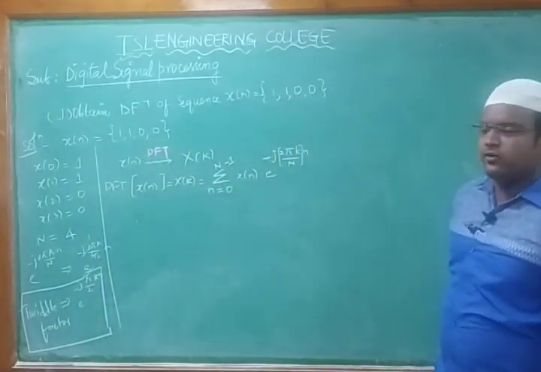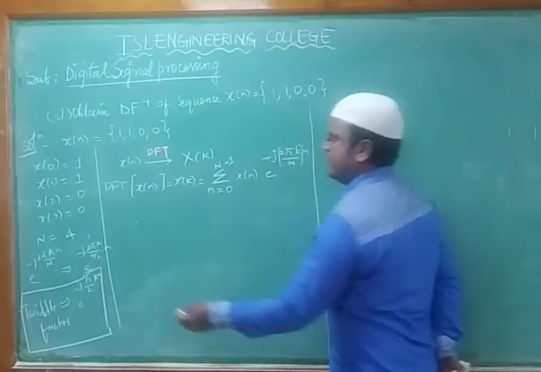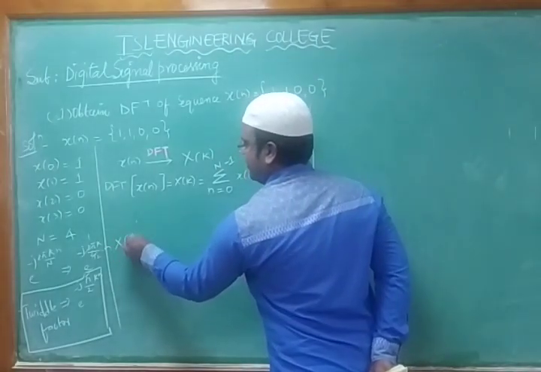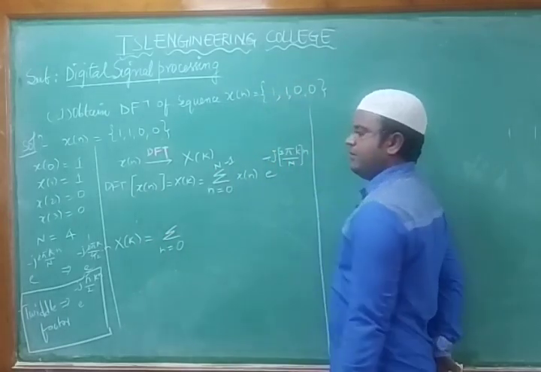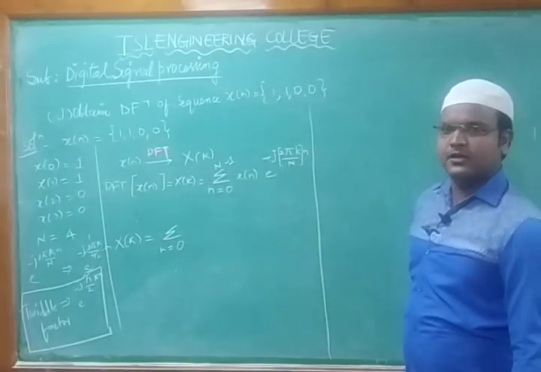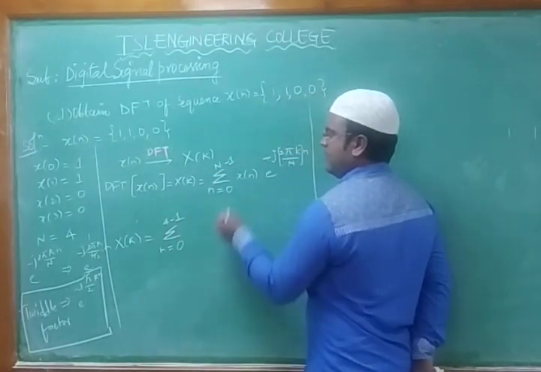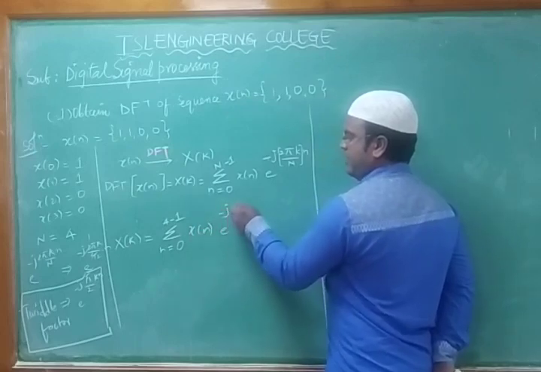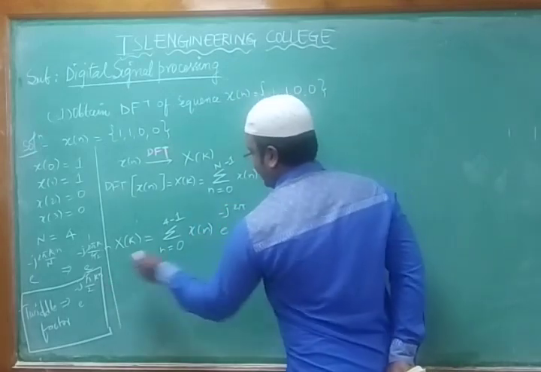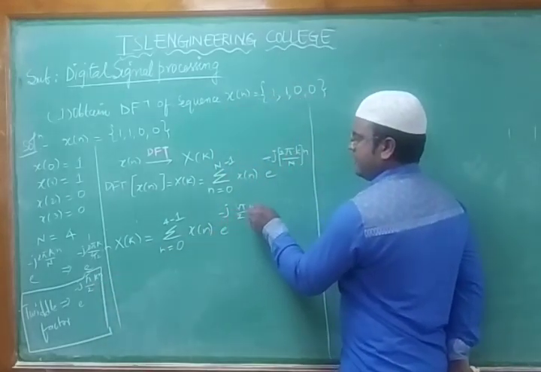So now that value we need to substitute here. If we substitute, what will we get? We'll get x of k is equal to the summation n equals 0. What is the capital N value we have? That is the number of samples. It's 4, so I can write 4 minus 1. X of n would be as it is. E power minus j 2 pi, we already got it, so I can write pi by 2 into kn.